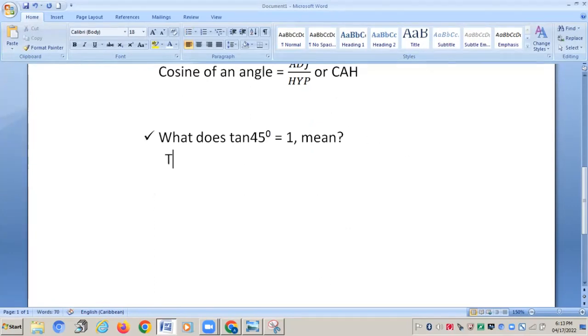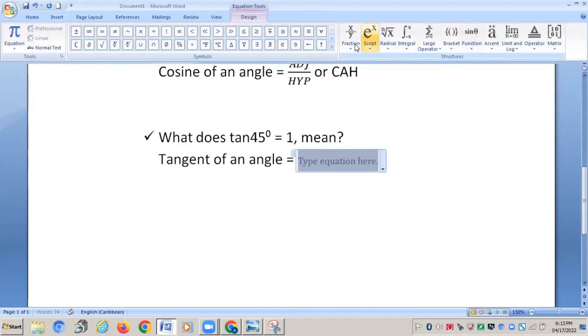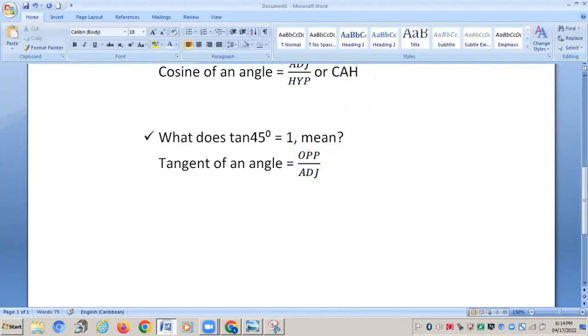So tangent of an angle, it must be an angle, is equal to opposite over adjacent. Or TOA.